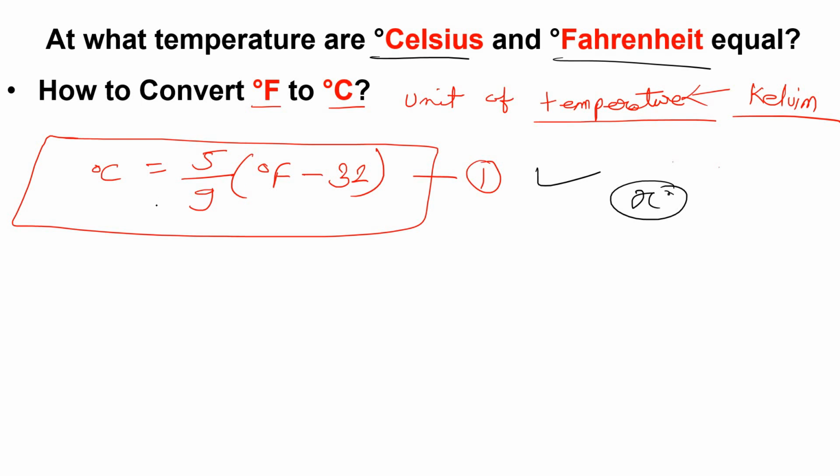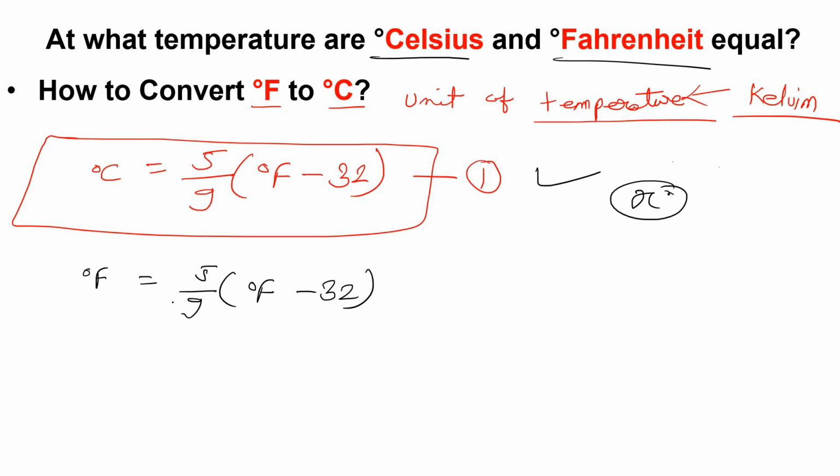So I simply put degree Fahrenheit in place of degree Celsius: F is equal to 5/9 times (F minus 32). We could do it like that. I hope there is no problem.